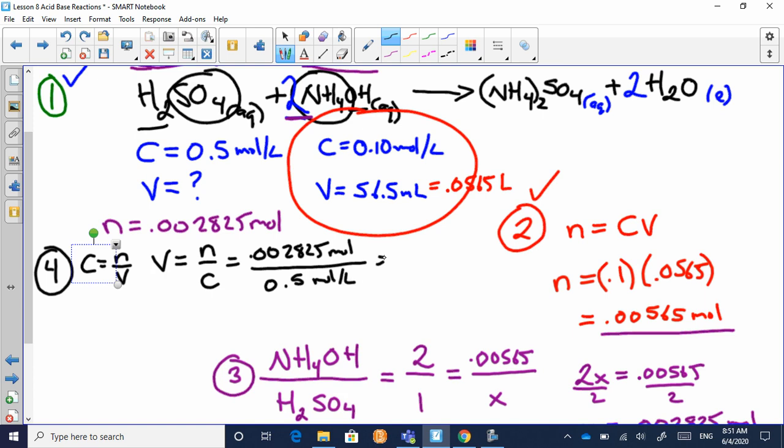And when I divide those, divided by 0.5, I get 0.00565 liters. Okay. So it just turns out in this particular case that you need the same amount, and hopefully you guys can see why. You'll see that there's a certain connection here.